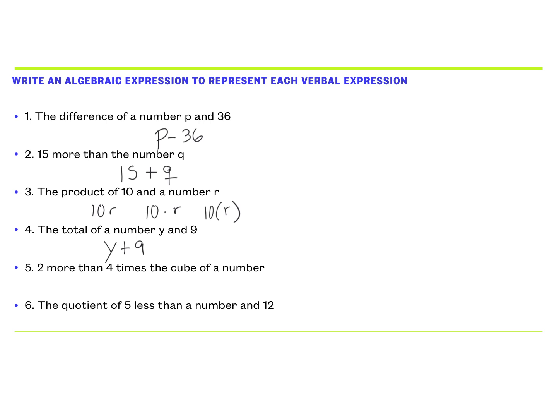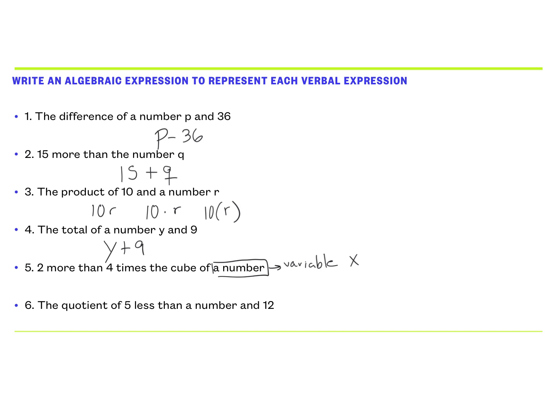For number 5, we have 2 more than 4 times the cube of a number. Remember, when this says a number, it's just a variable. I will most likely always choose x to make my life easier. So there's 2 more than, and then 4 times the cube of a number.